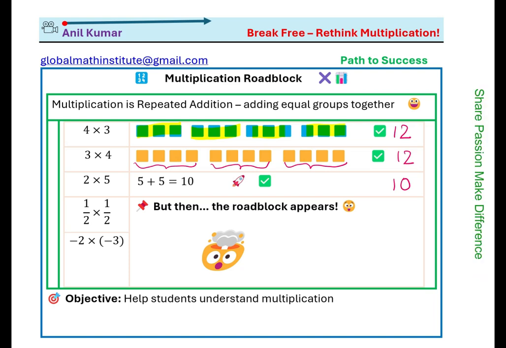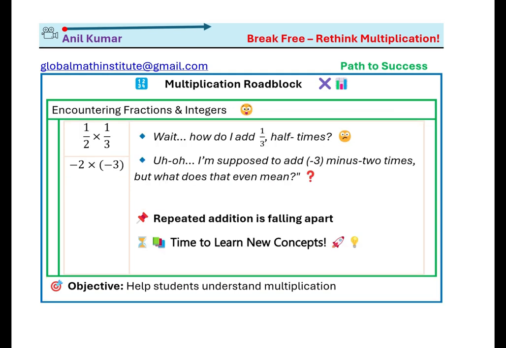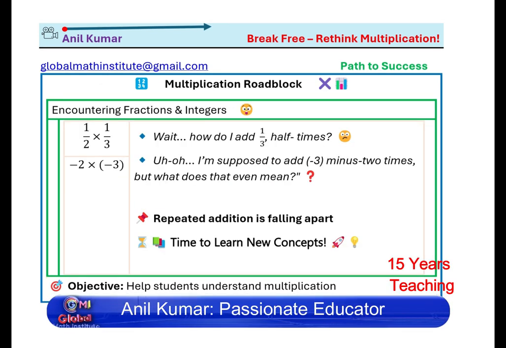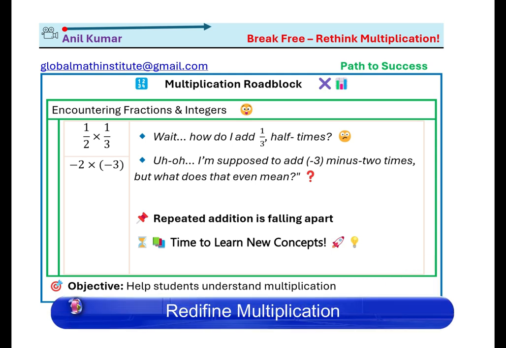So now we have a very structured approach for multiplication. We'll take up these two difficult questions, which are how do we multiply fractions and how do we multiply integers, signed numbers, right?